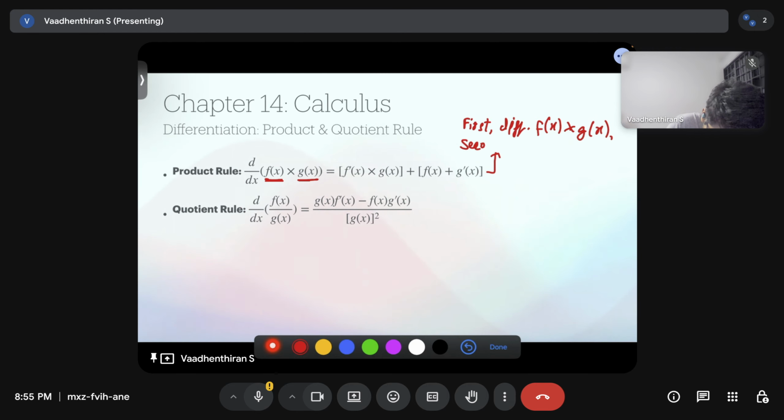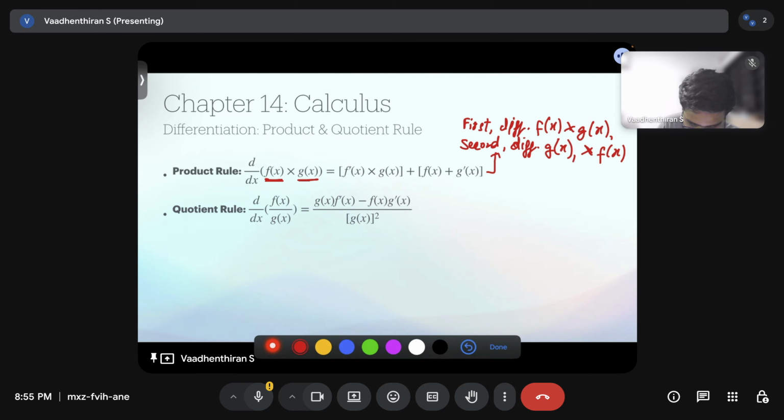Second, differentiate g x times f x. So first we differentiate f x, f dash x times g x, and then we do f x times g dash x. And you just add these two values, and then you get the derivative of the product of f x and g x.